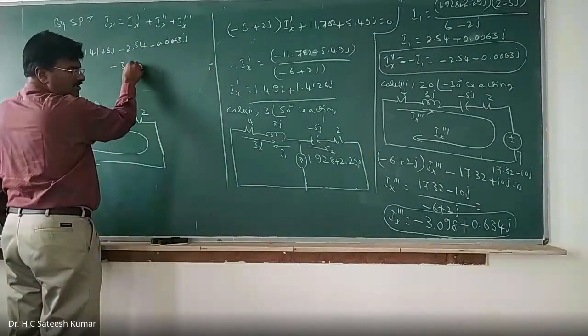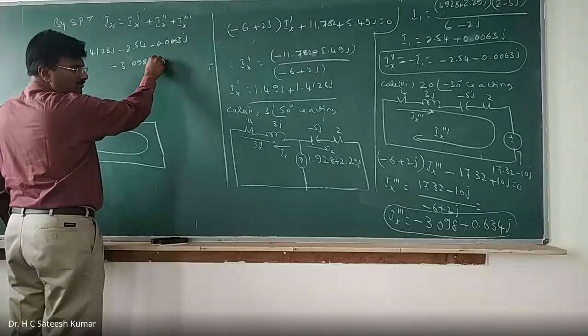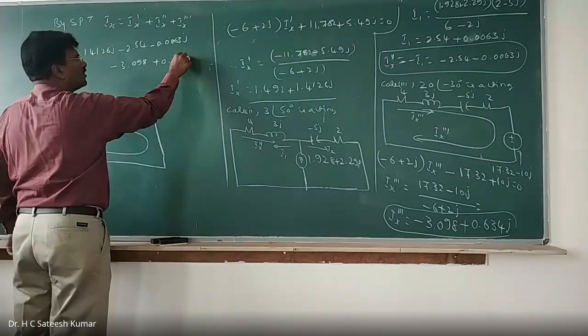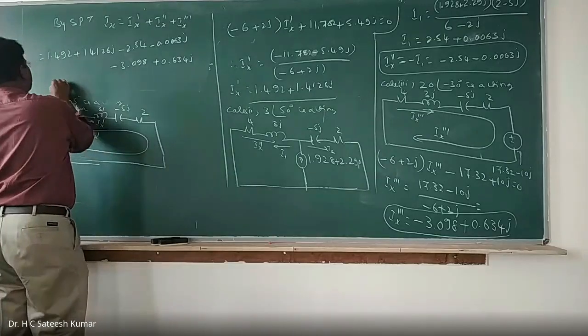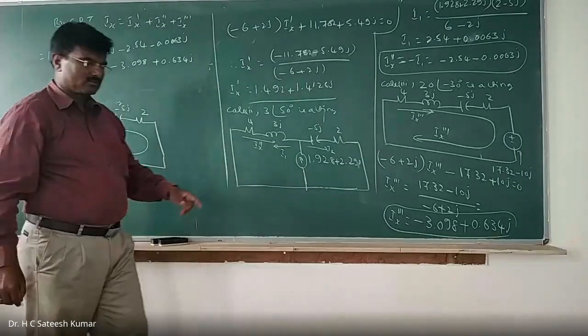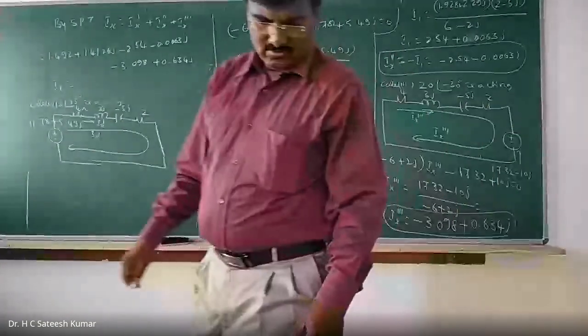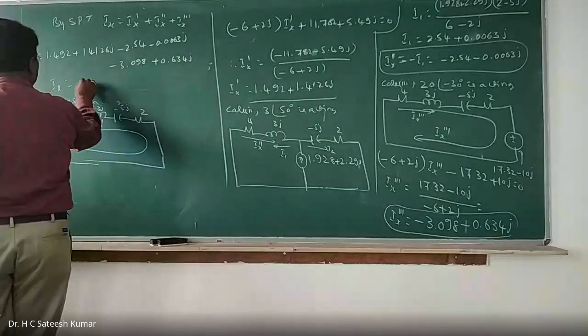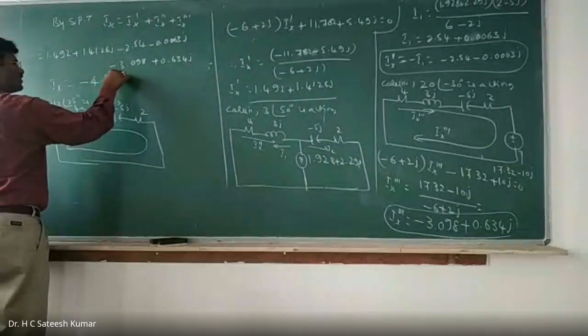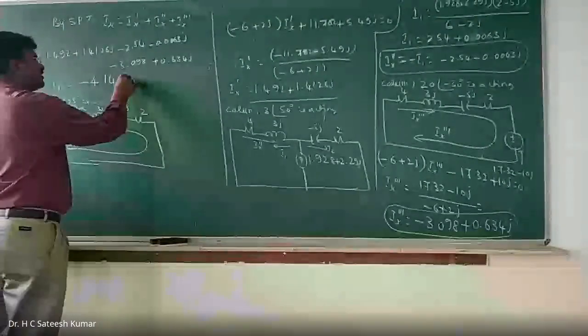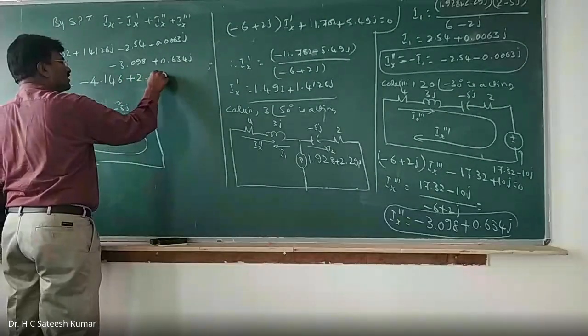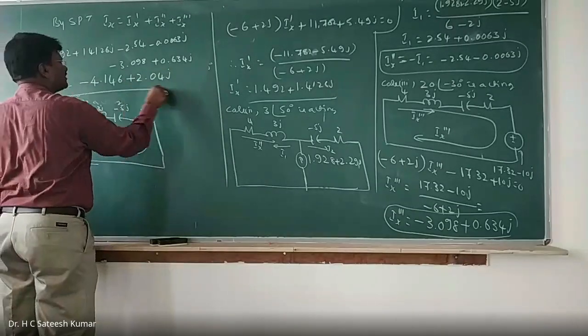Minus 3.098 plus 0.634j. How much is that? Minus 4.146 plus 2.04j. So this is the right answer.